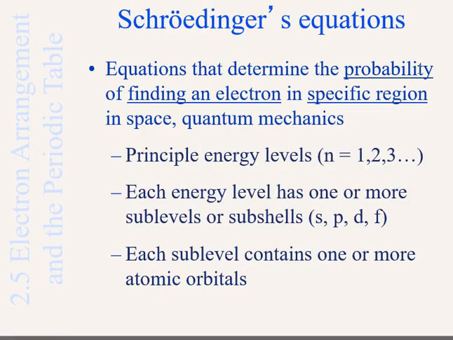According to his equations, we can determine the probability of finding an electron in a specific region in space. We'll never be able to pinpoint the location of an electron, but only know the probability of finding an electron in that location.